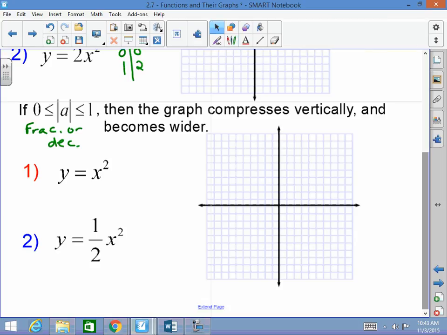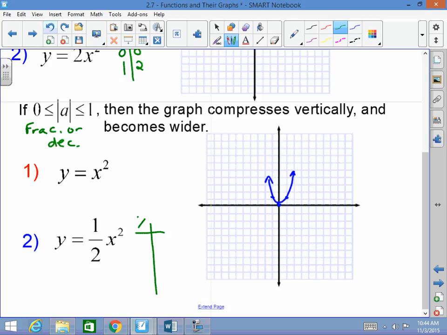Again, let's graph my y equals x squared. It's 0, 0, 1, 1, negative 1, 1. And that's my graph. Now, if I have y equals 1/2 x squared, it becomes a little bit different.